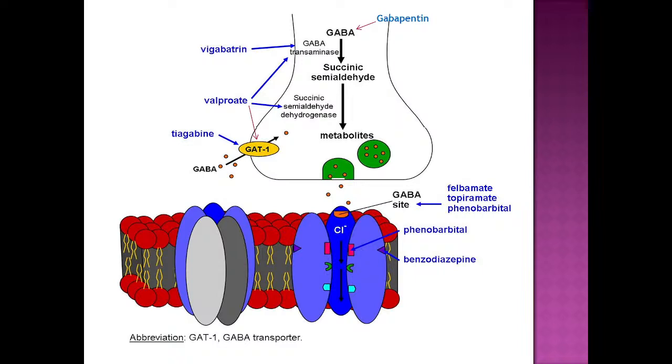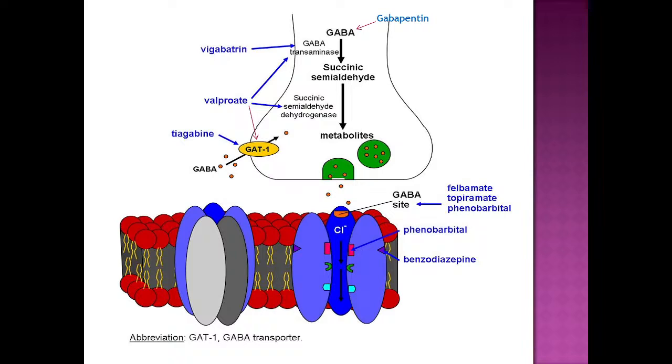It has a separate binding site for drugs like phenobarbital, which is a barbiturate. It has a separate binding site for GABA itself, right? So this is one site of action and these are the drugs which act through it. Also drugs like topiramate and felbamate may act through the GABA site of this receptor channel complex. Then certain other drugs act on other parts of the GABA pathway. Gabapentin helps in synthesis and release of GABA.